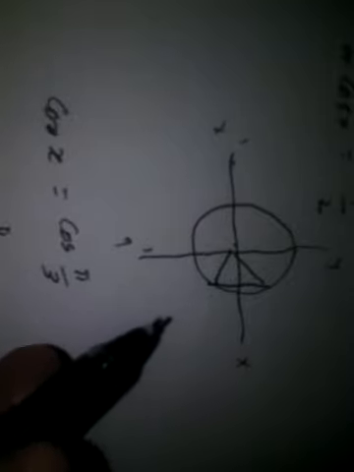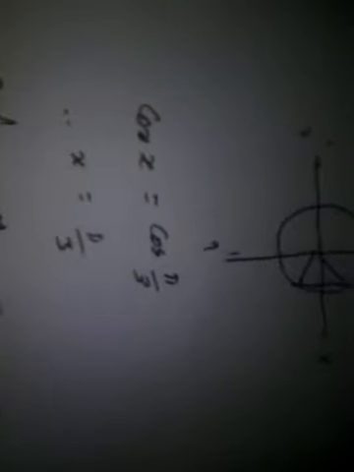If we had taken the negative value here, then both values would have been pi by 3 only, so virtually one value. But because we are taking 2 pi, this gives a different angle. So there are two values of x which give us the principal solutions.